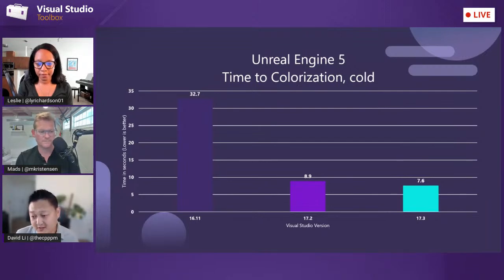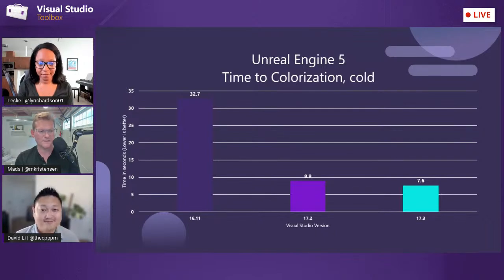From the responsiveness to the time it takes to get your code colored. So it's fast, very fast now. But you know what? We're not done yet. So stay tuned. The team is working hard to look at other areas of performance improvements for C++ developers like you.